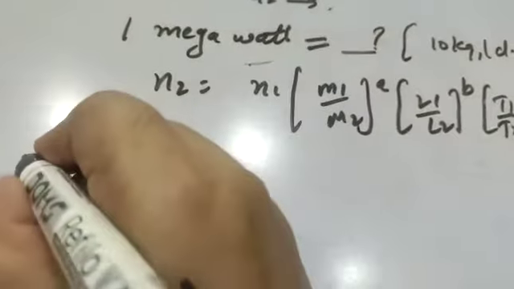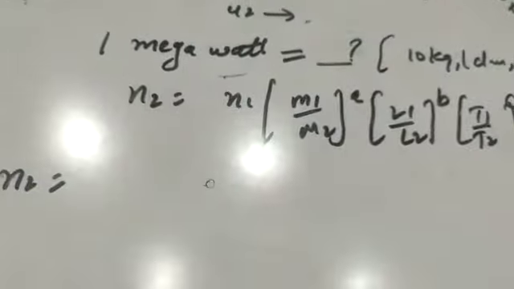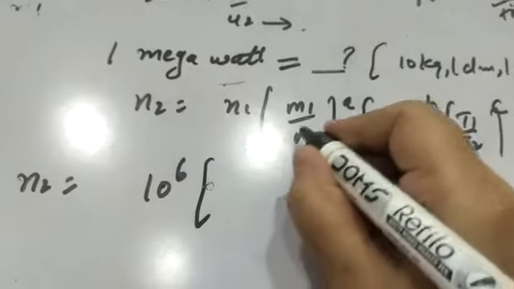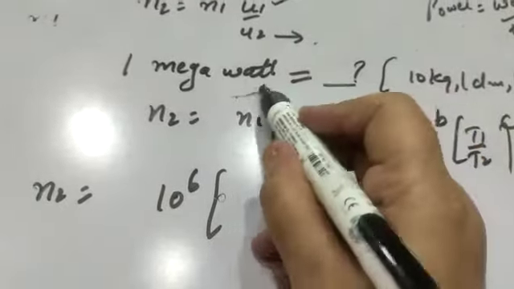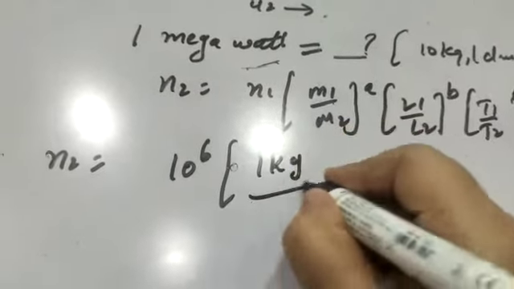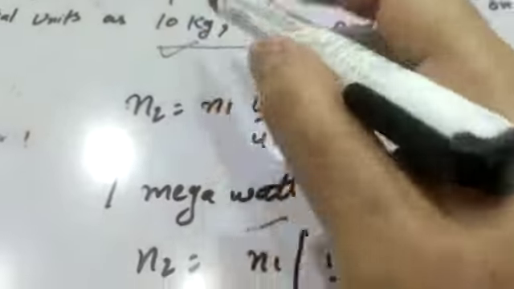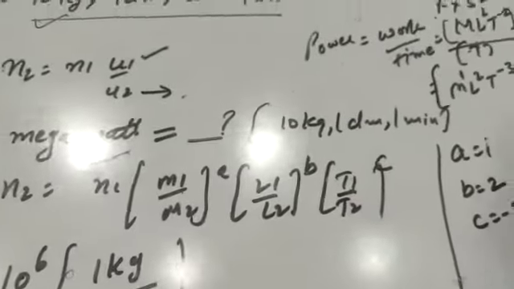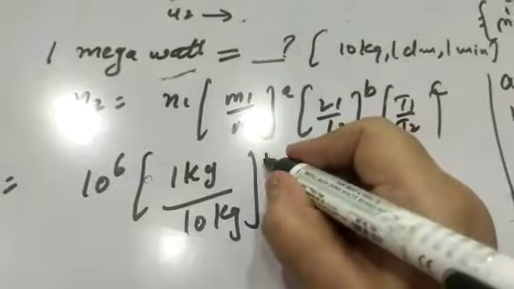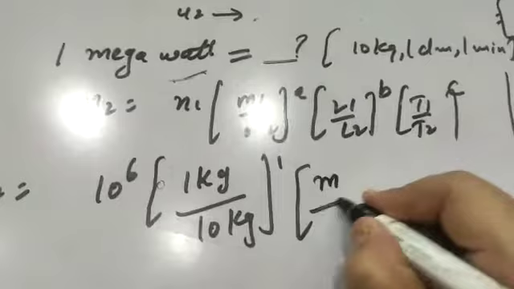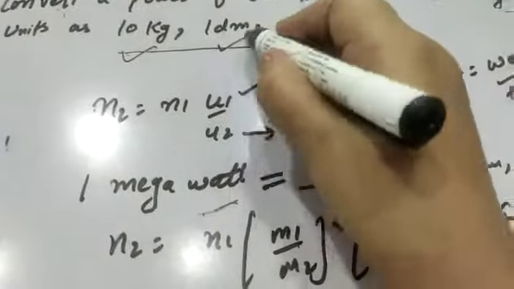Now putting in the values, N2 is equal to N1, 1 megawatt, which is equal to 10 raised to power 6 watt. This is what is in the MKS, SI system of units. So M1 we will write as 1 kg, and M2 is given to you as 10 kg, raised to power A. A is what here? 1. Now L1 is meter upon L2 is decimeter.